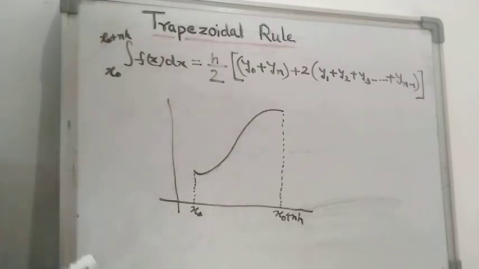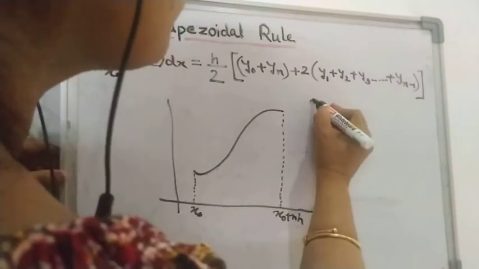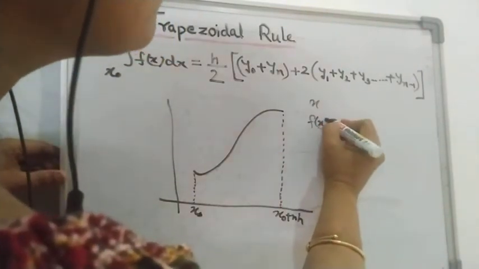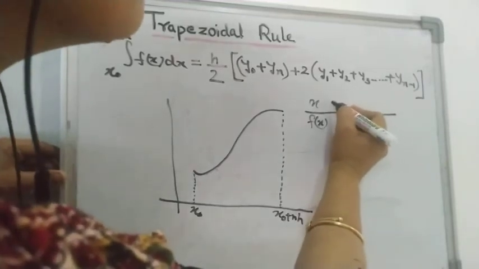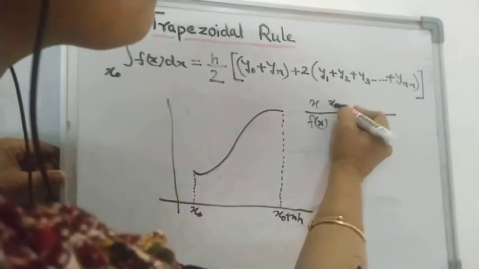So what are we given? We are given the table of x and f of x. This table means different values of f of x for corresponding values of x.